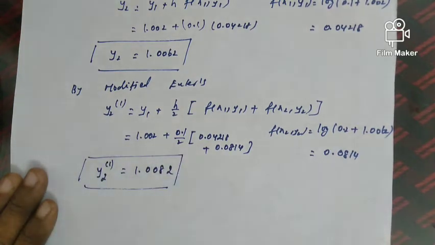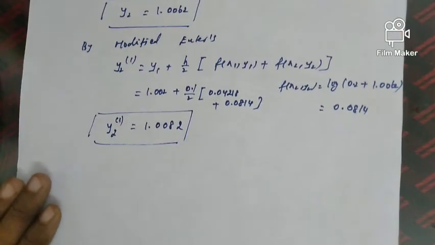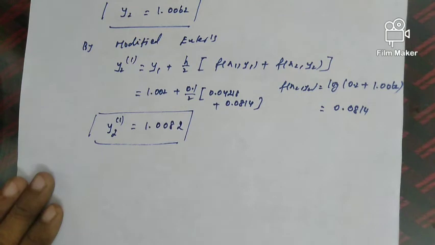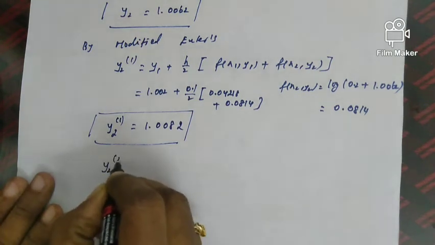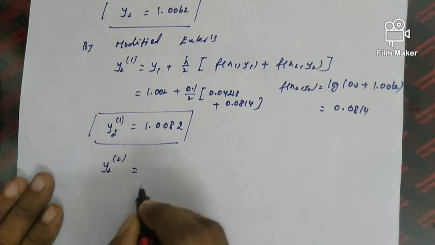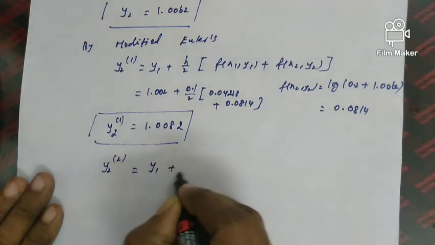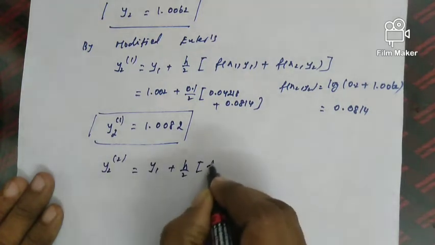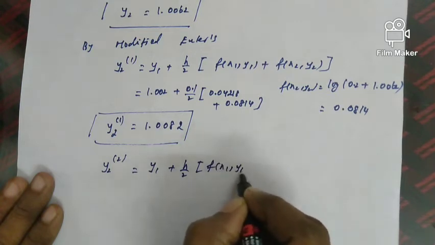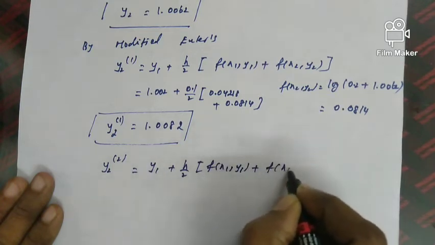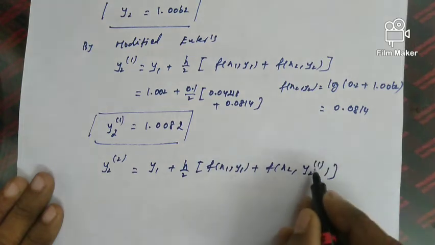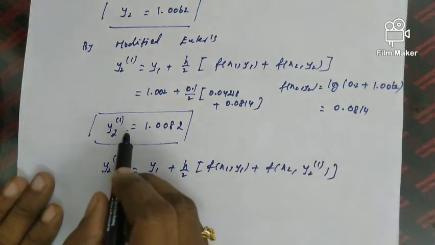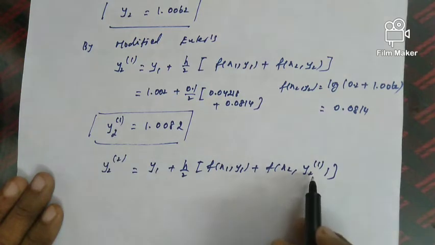Now we are going to find the next iteration value of y2. y2 of 2 by modified Euler's method equals y1 plus h by 2 times f of x1, y1 plus f of x2, y2 of 1. y2 of 1 is nothing but the first iteration value of y2, and that value we have to substitute here.